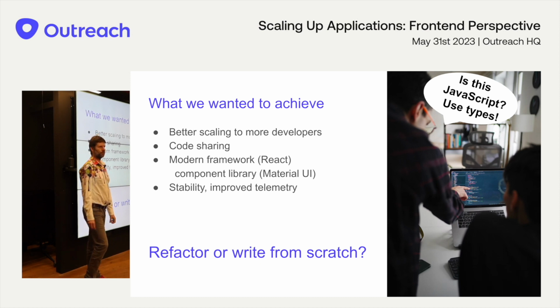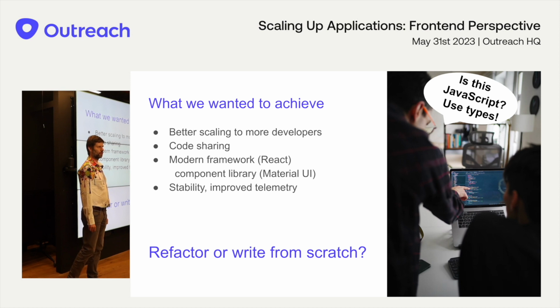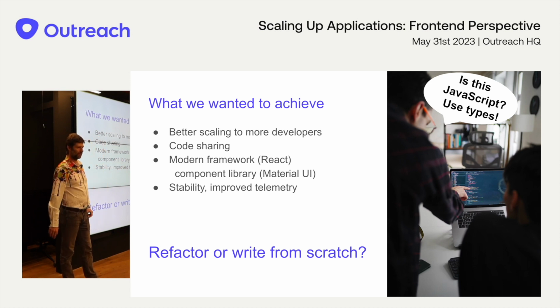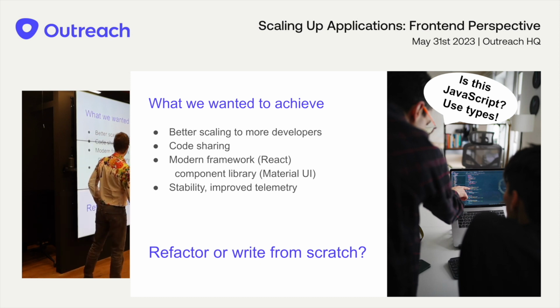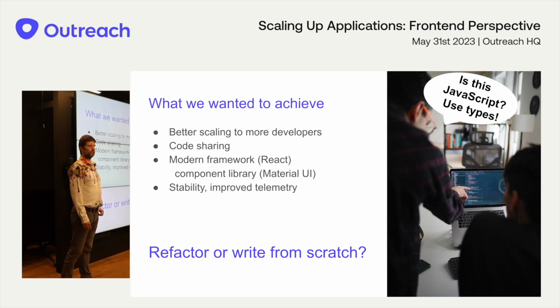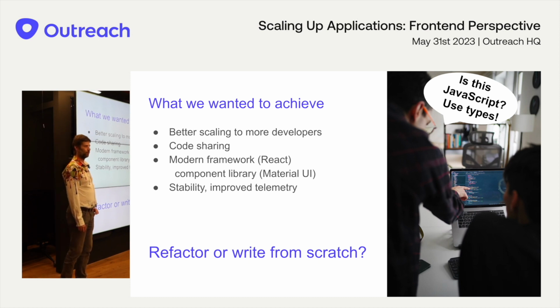Another thing was that we switched to a modern React with the hooks that weren't available back then. We are using a modern component library, and we have much better telemetry. We can see what our users are doing, what they might be struggling with. And I believe, at least, that we have a better stability of the product than before.